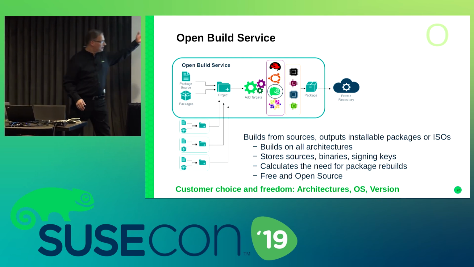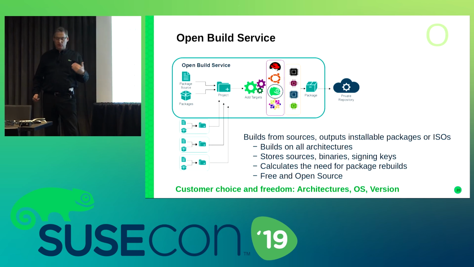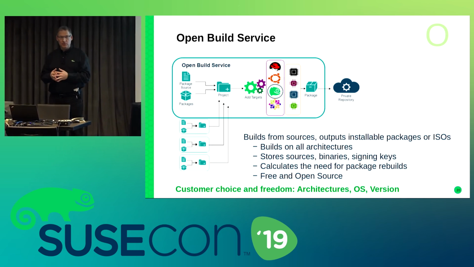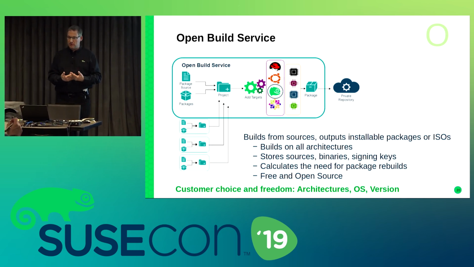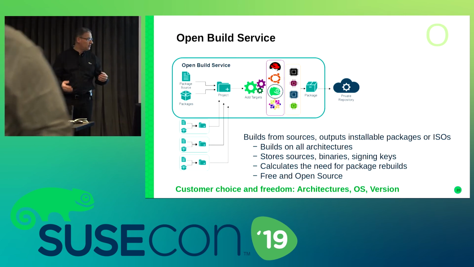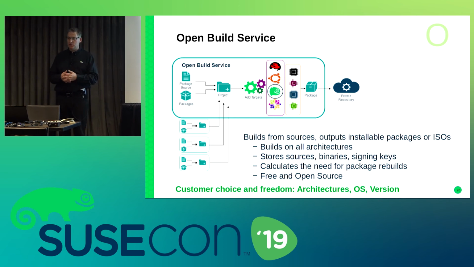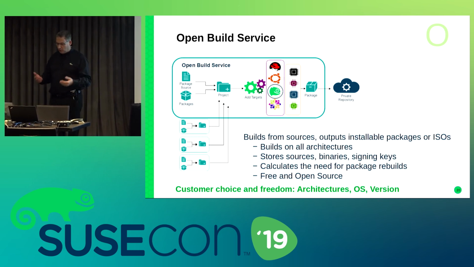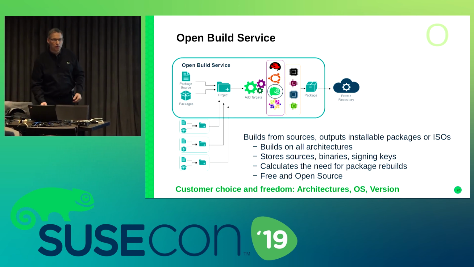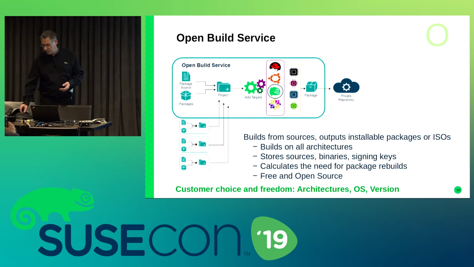And as you see in these colors and these logos, we are not only able to build packages for us and our distributions and the versions of it and all architectures, but we are also able to build software for other Linux distributions with it. And we are open that everybody uses this for open source software in a free way.